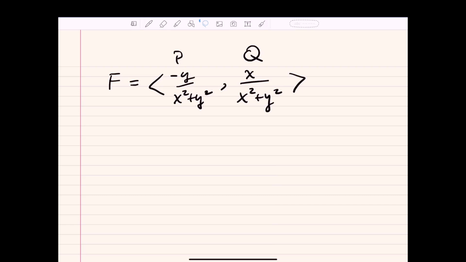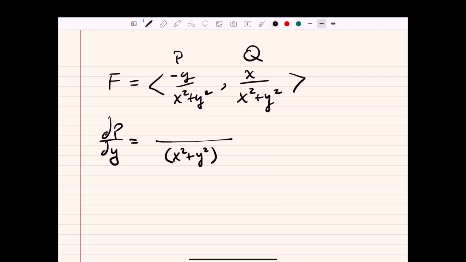To check whether it's conservative, the first thing is the derivative of the first part with respect to y. There's a y in the numerator and denominator, so I'm going to need the quotient rule. I'll take the denominator, square it, and copy that on the bottom. Then the derivative of the top with respect to y, that's negative 1, minus the top, which is negative y, times the derivative of the bottom with respect to y.